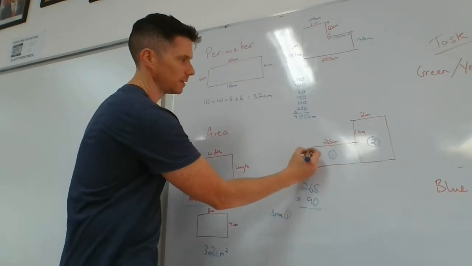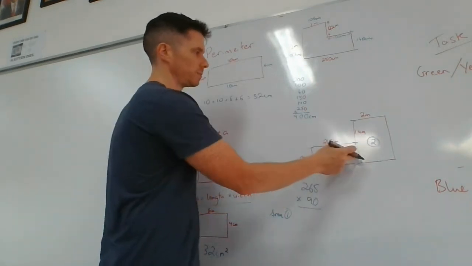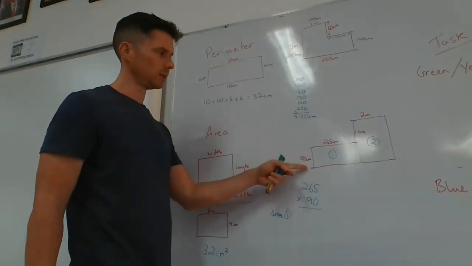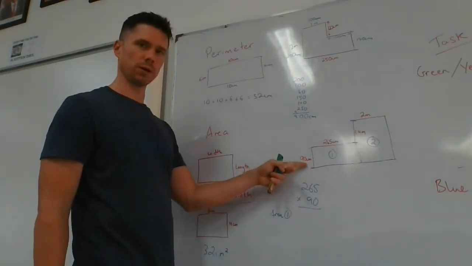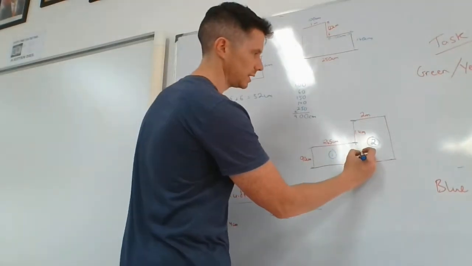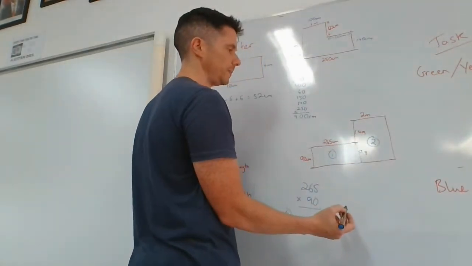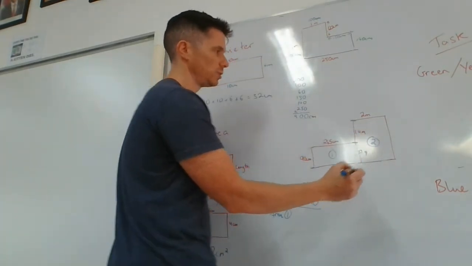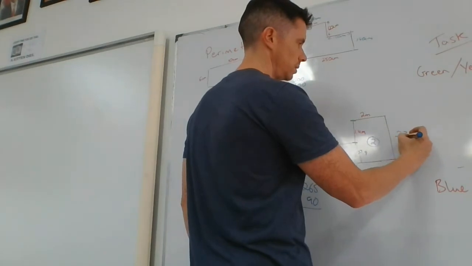Well, I have this bit over here, which must be the same as this bit here. That's 90 centimeters. Using my conversions, divide by 100, that's 0.9 meters. So I know that this length here is 0.9. It's the same. So that entire length then is 2.3 meters.